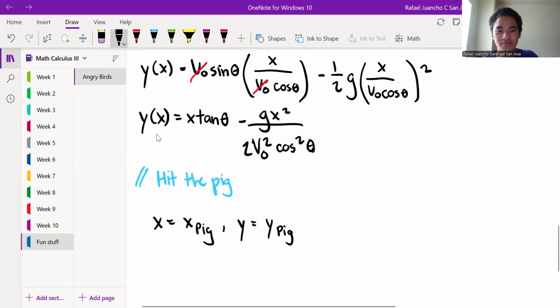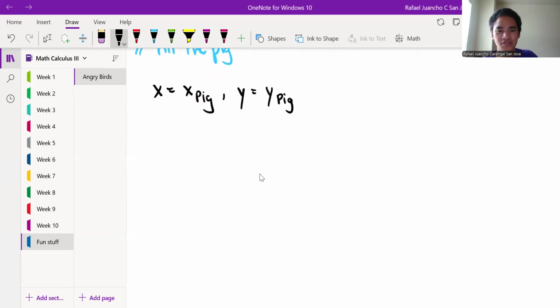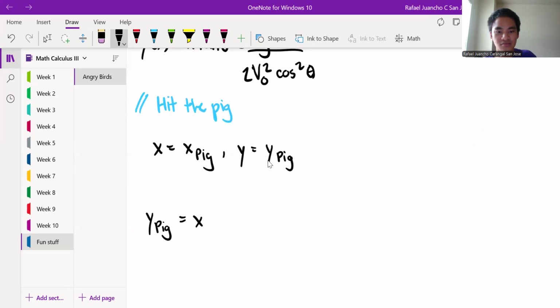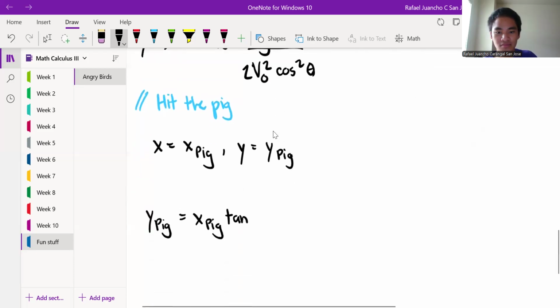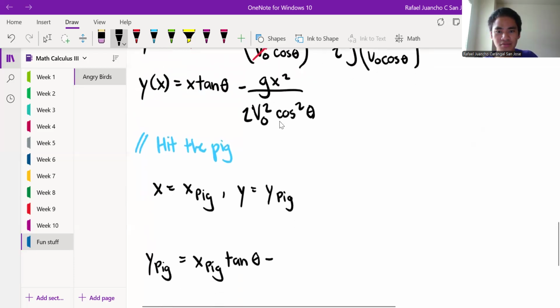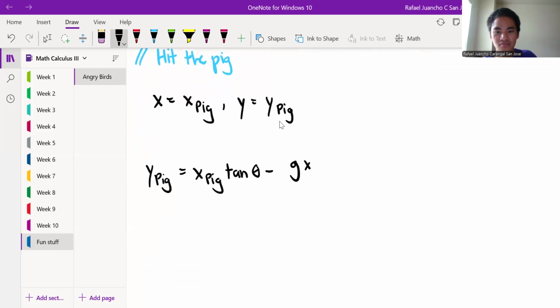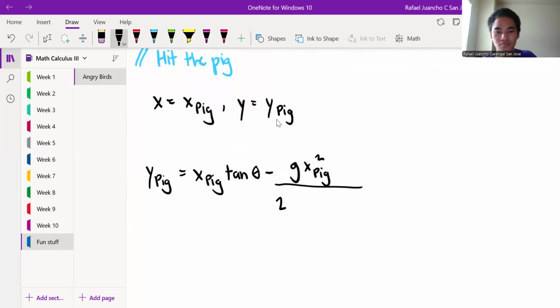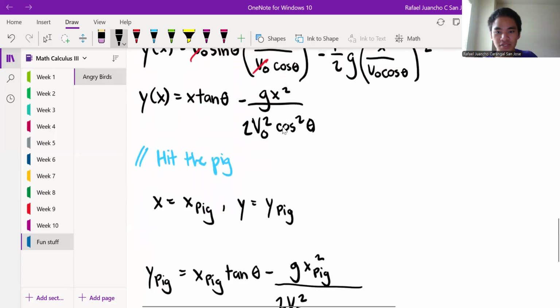So we say y pig should be equal to x pig tangent theta minus gravity x pig squared all over 2 initial velocity squared cosine squared theta.